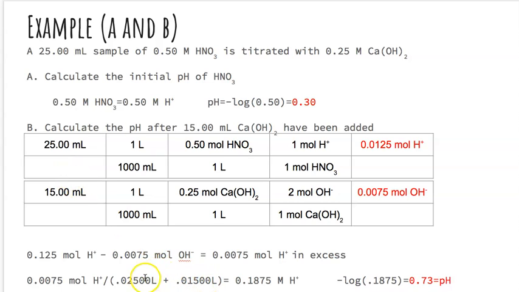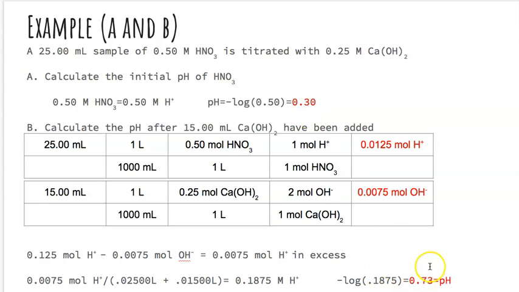So they're in 40 milliliters. That gives me a concentration of 0.1875. And again, last step, once I know the concentration, I take the negative log, and the pH is now 0.73. So adding those 15 milliliters of base raised the pH from 0.3 to 0.73.